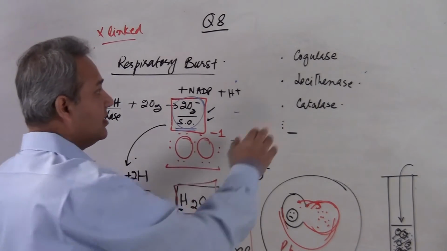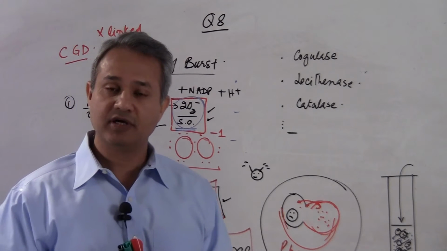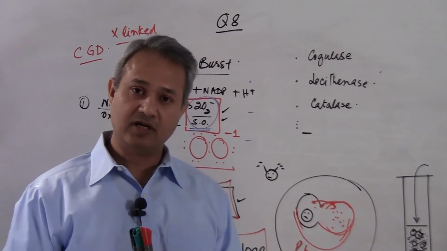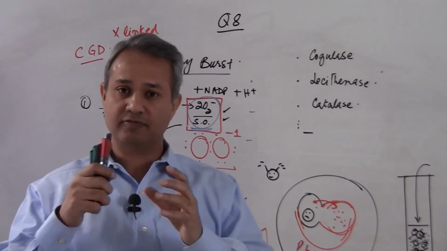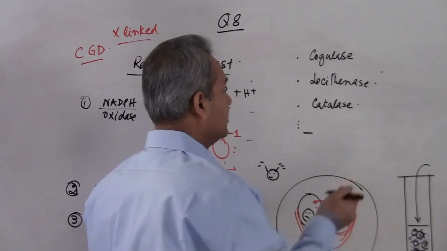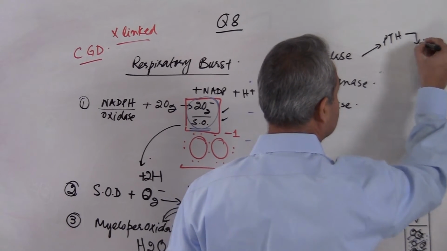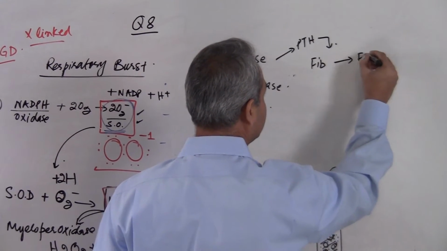So let's say, what is coagulase? Coagulase is produced by pathogens, for example Staphylococcus aureus, and it works on prothrombin, causing fibrinogen to become fibrin.